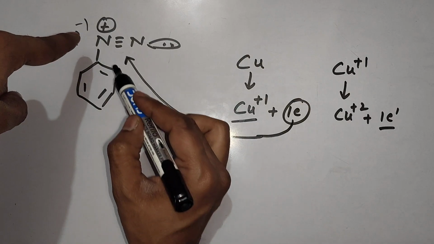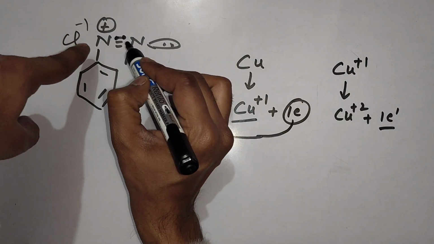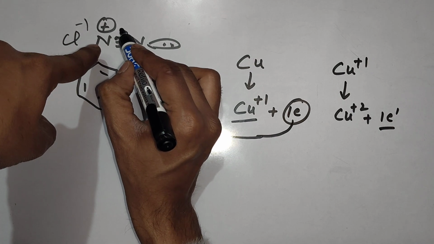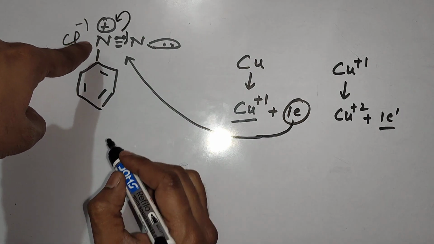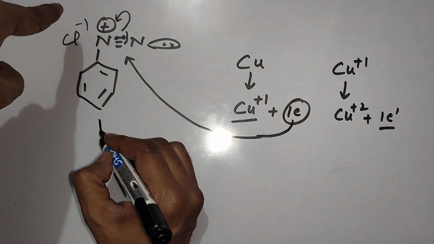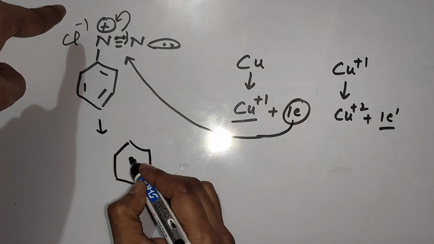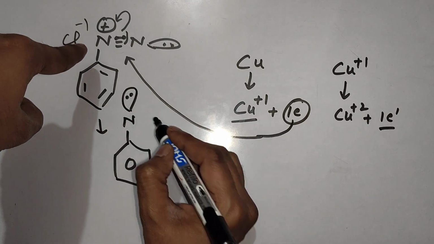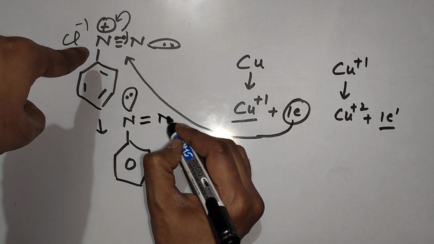In the presence of 1 electron, this nitrogen firstly will make itself stable. How? By gaining pi electrons toward itself. Now when it gains pi electrons toward itself, look, on this nitrogen a lone pair will generate and a double bond will come here.